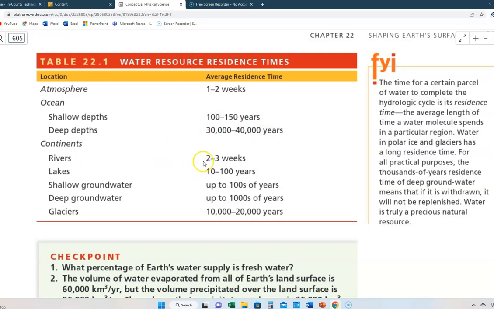Water that ends up in the rivers will stay in the river, and this is kind of a surprising thing when you think about it, for only 2 to 3 weeks, the same molecules of water. And then something else will happen. It could seep beneath the earth and become groundwater, or fall into a lake or a pond.